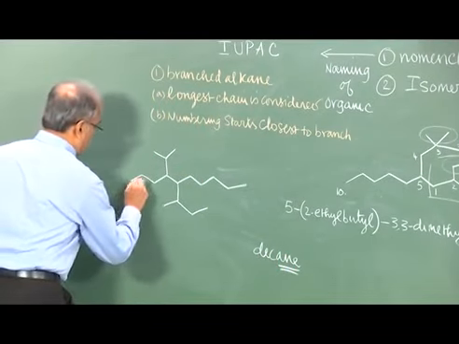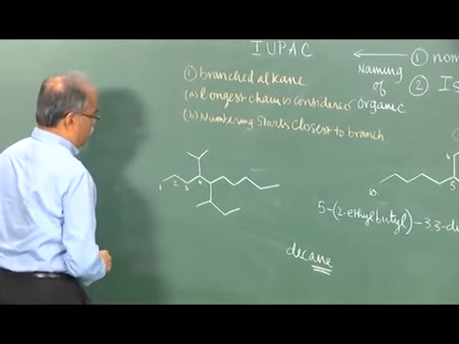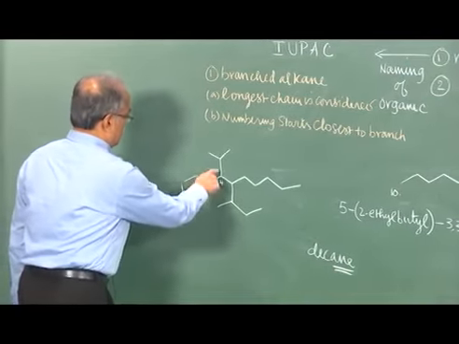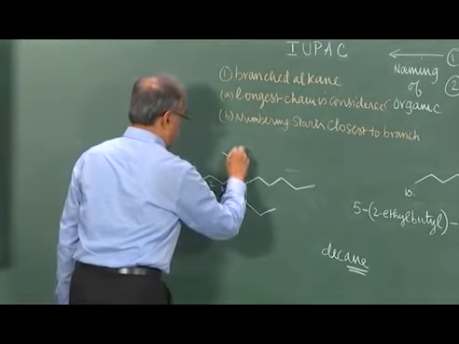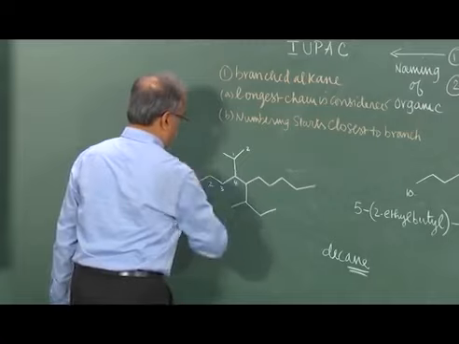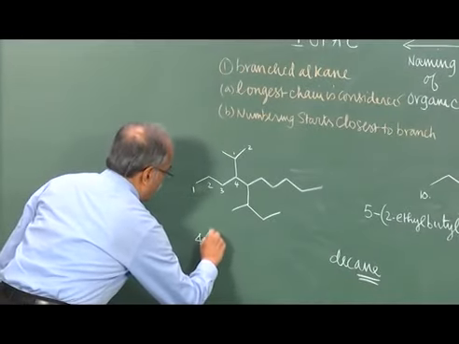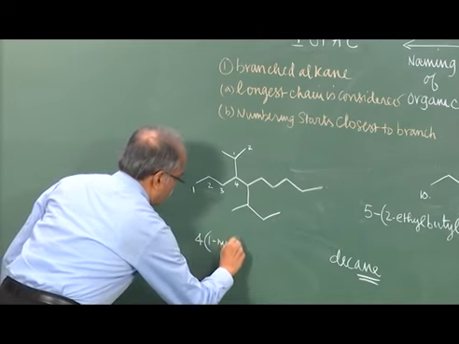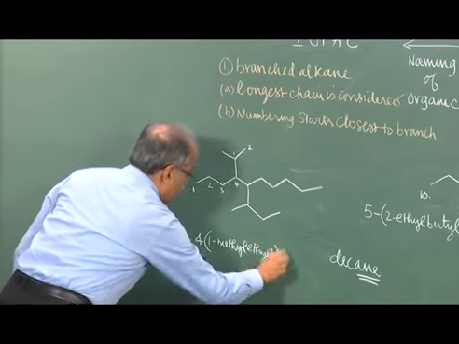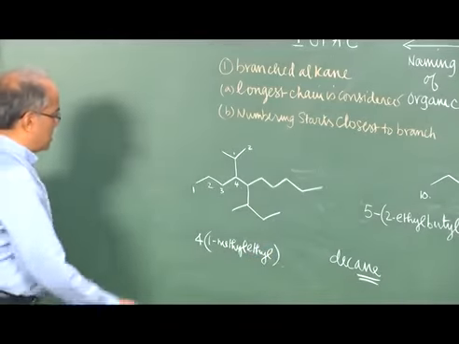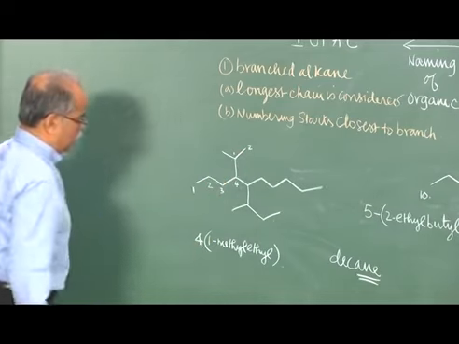If you look at the numbering, in the 4 position, there is an ethyl group. In the ethyl group, in the 1 position, there is a methyl substituent present. So, 4, 1-methyl ethyl, that corresponds to the branching here. 1-methyl ethyl is the branching that goes here.